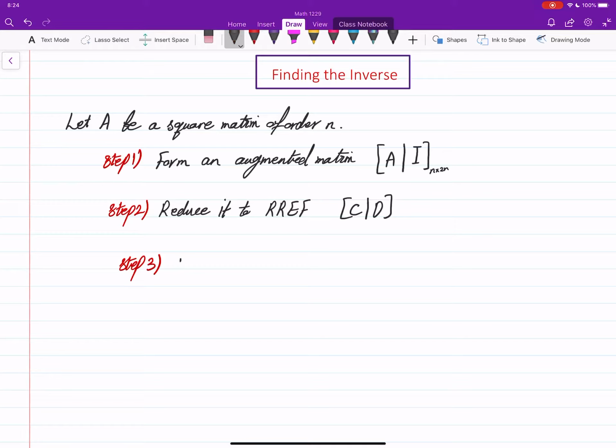First, there are 2 cases. If the C, the left side of the matrix after reduction, is identity, then A is invertible.